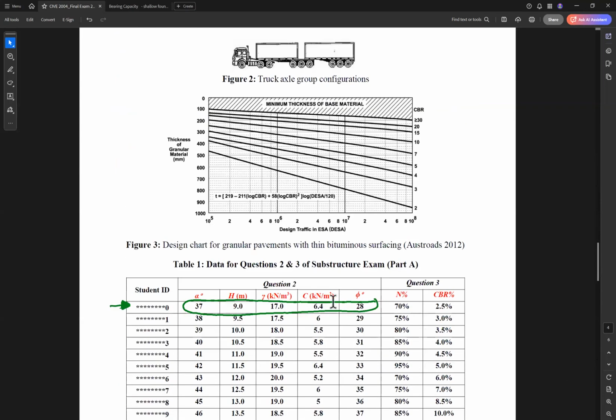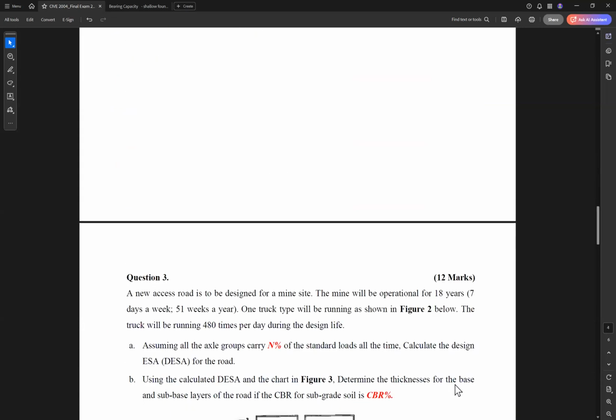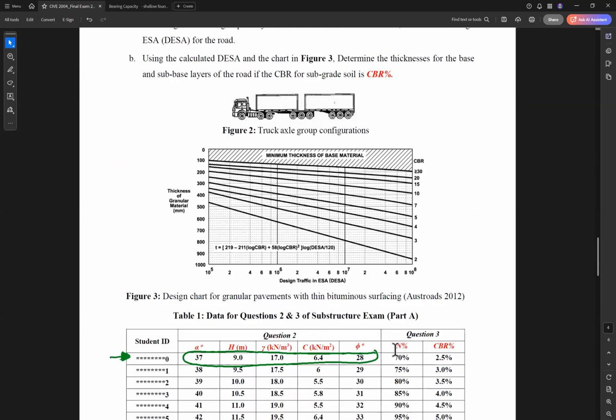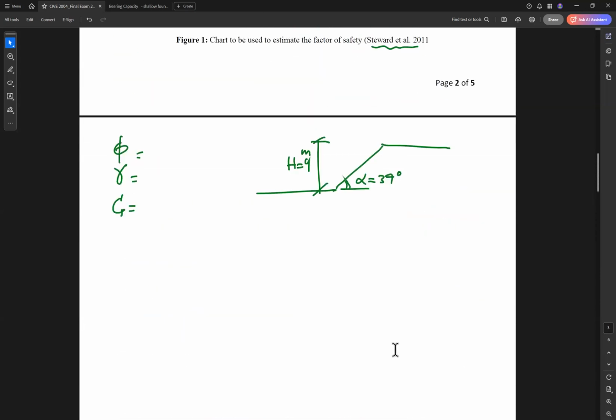So phi is 28, C is 6.4, and gamma is 17. Can you memorize them with me? 28, 17, 6.4.